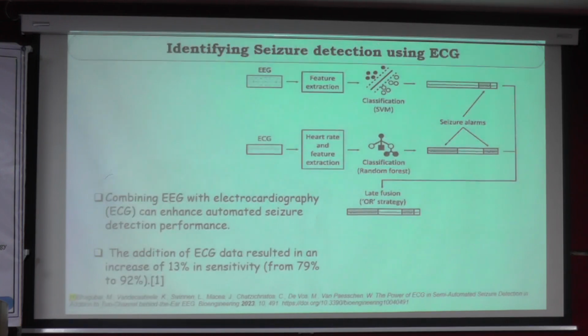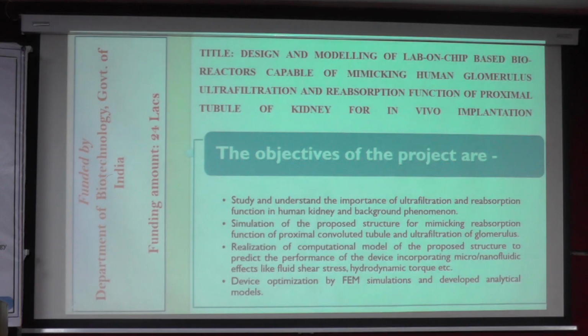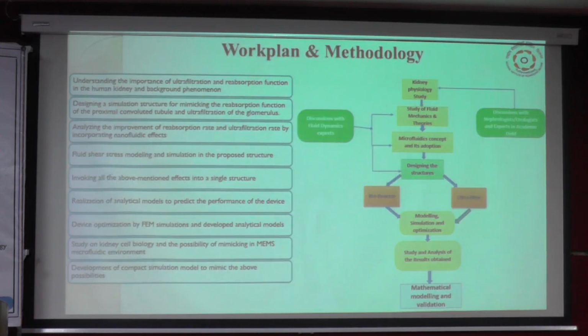Some signal processing will be done here, and we are developing machine learning algorithms also. We have got some projects in that field from the Department of Biotechnology, and right now we are working on this project.